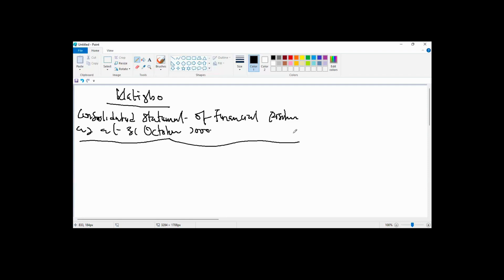Non-current assets. They have plants: 325 plus 70. Pictures: 200 plus 50.